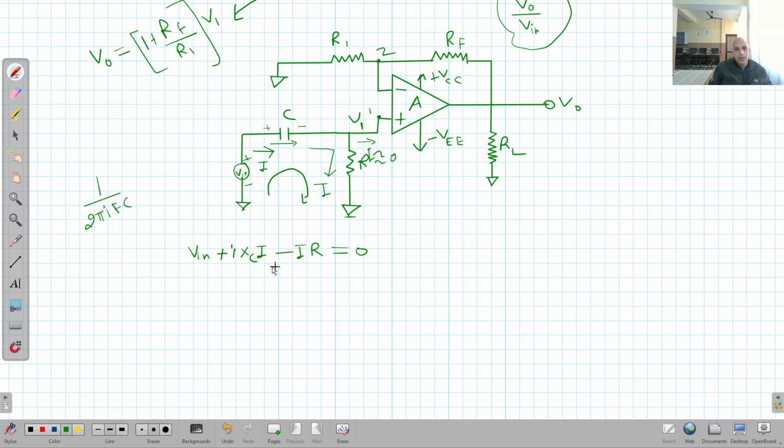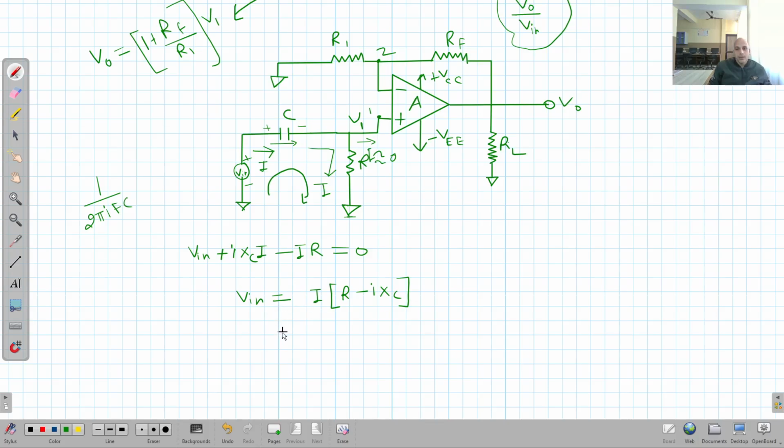So this is equal to this, plus minus, it becomes plus because of j, and then minus is equal to 0. So it becomes V_in is equal to I into R minus jXC. Clear? R minus jXC.